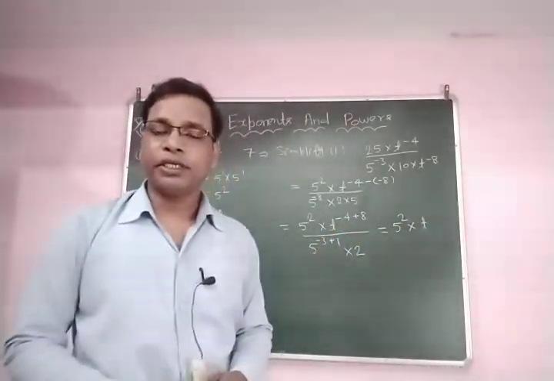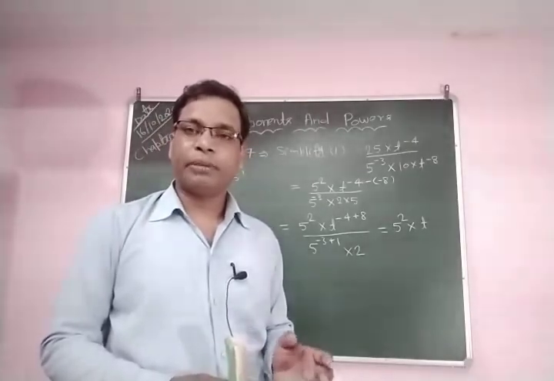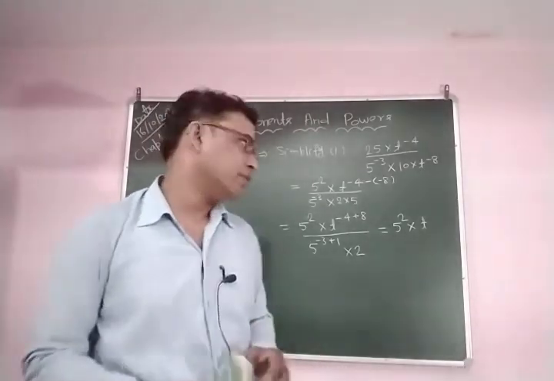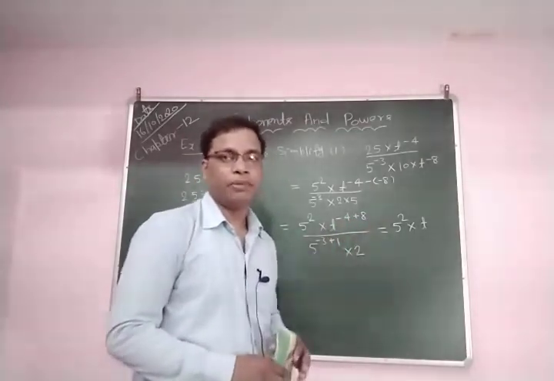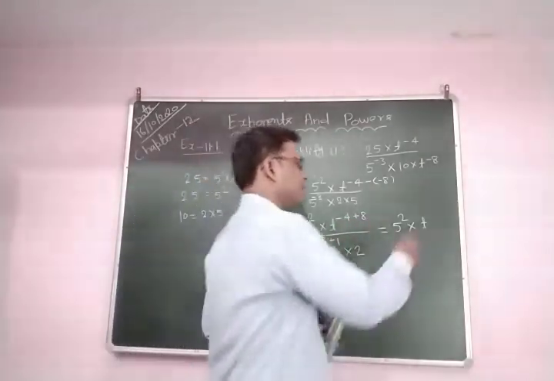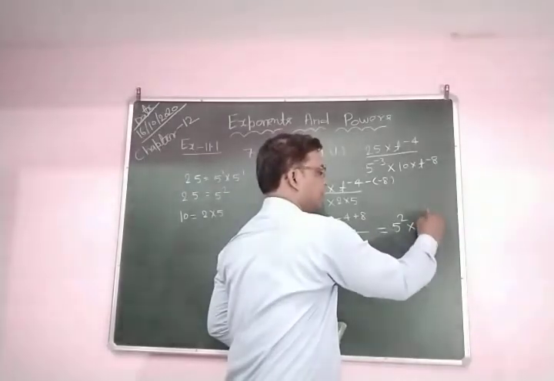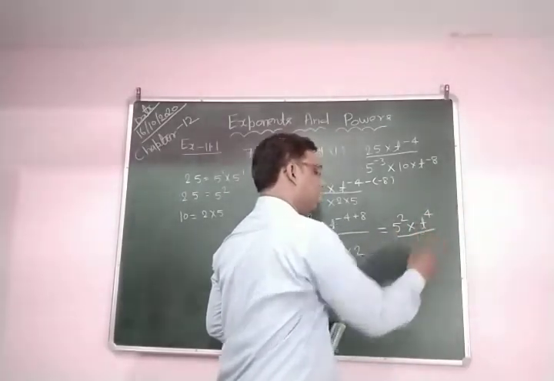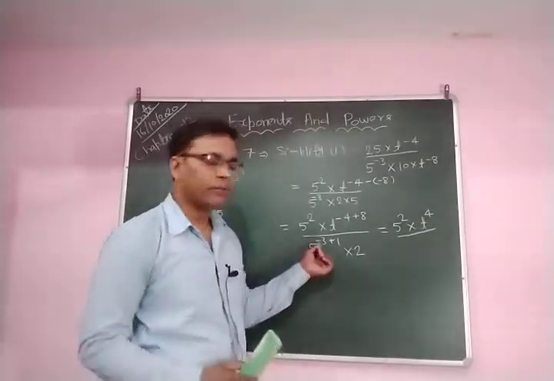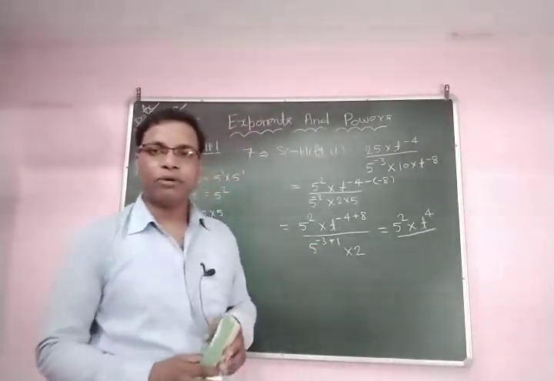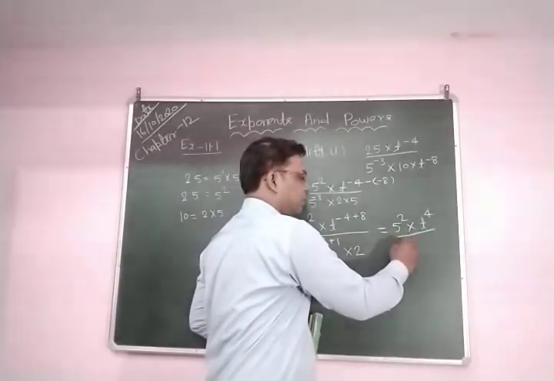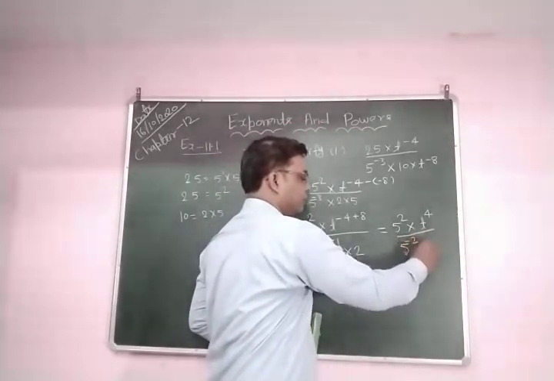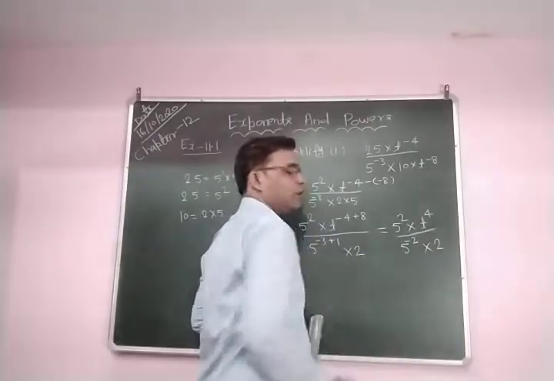Minus 4 plus 8 means we obtain t power 4. So we can write t power 4 divided by 5 power minus 3 plus 1. This is equal to 5 power minus 2, into 2 as it is.